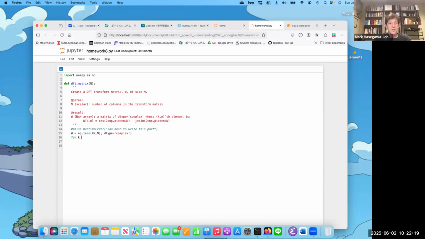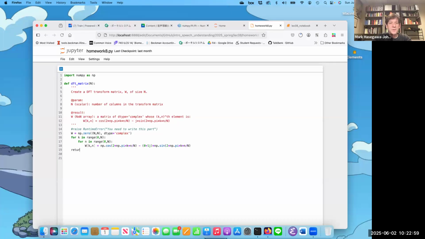And then let's say for k between 0 and capital N minus 1, for n in the range between 0 and capital N minus 1, we want W of k comma n to be the cosine of 2 times pi times k times little n over capital N minus j times the sine of 2 times pi times little k times little n over capital N.